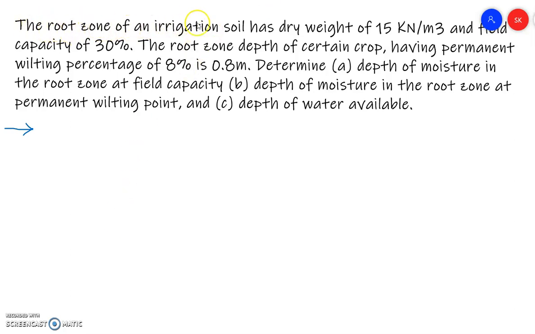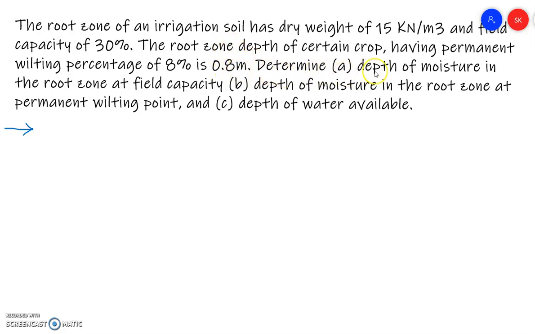The root zone of an irrigation soil has a dry unit weight of 15 kilonewton per meter cube. That is, the dry unit weight gamma d is 15 kilonewton per meter cube, and the field capacity Fc is 30%, that is 0.3. The root zone depth of a certain crop having a permanent wilting percentage of 8%, that is 0.08, is 0.8 meter. So D is 0.8 meter, the root zone depth.